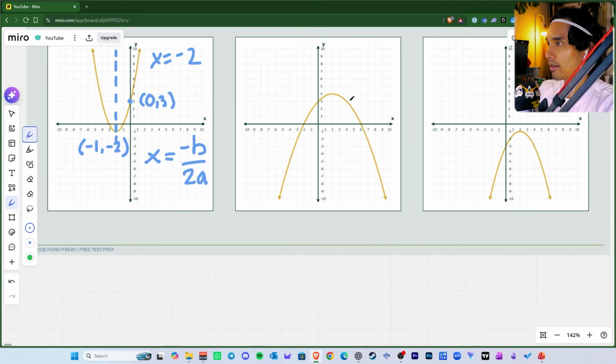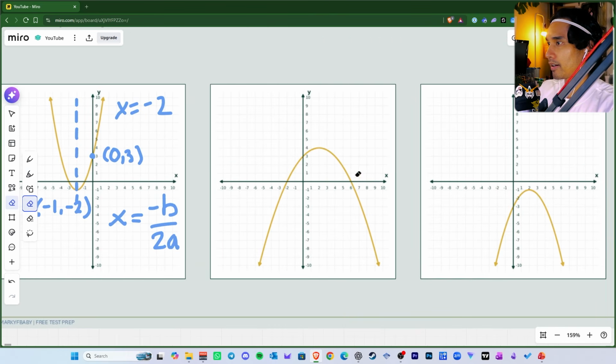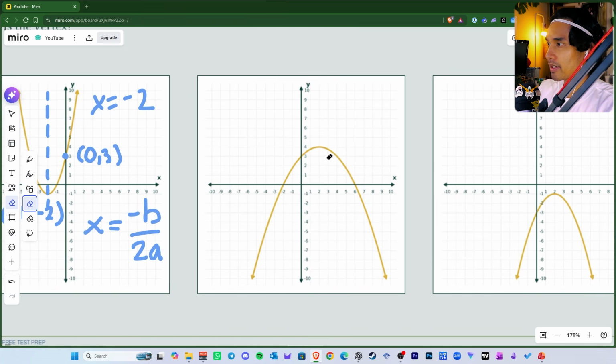So we have here a, what is this? This is a downward facing parabola. So A is negative. We see here that the y-intercept is at 0, 3.